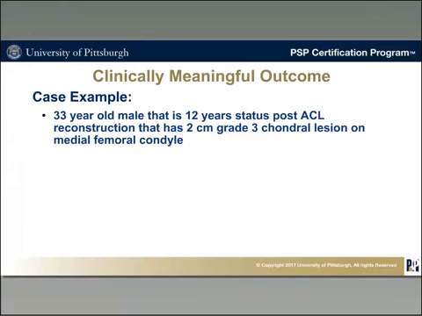So while this example is based on a patient with a knee problem, I believe it provides a good illustration of how we can look at whether or not a patient had a meaningful outcome. So again, while it's not directly relevant to the spine, let's go through this example.